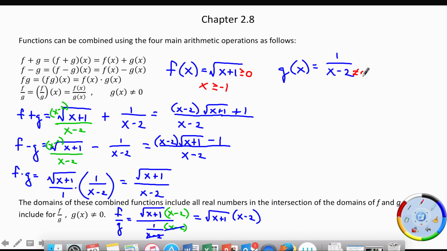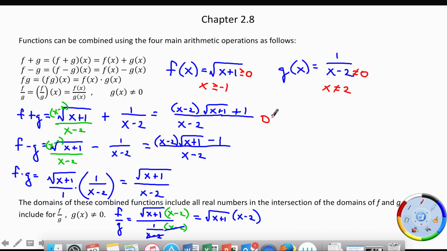Denominators cannot be 0. So x cannot be 2. Now, my domain for all of these combined functions is where these domains intersect. So to start with, I have greater than or equal to -1, but I have to take 2 out of that.